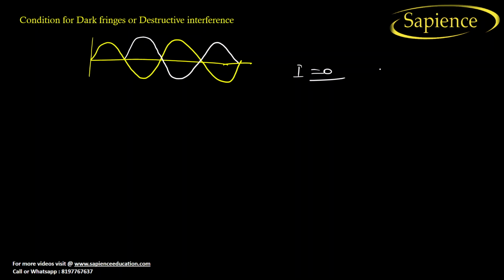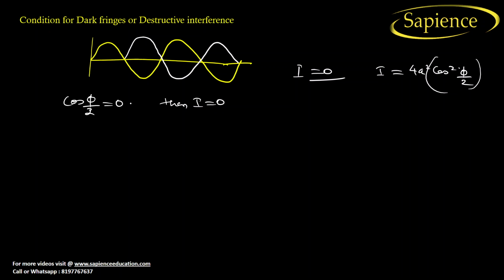So when intensity will be 0, we know that I is equal to 4a square cos square phase difference by 2. Now I is equal to 0, so this value should become 0. So let us see here, cos phi by 2 is equal to 0, then only intensity will be 0, and this is the condition for the dark fringe or destructive interference.